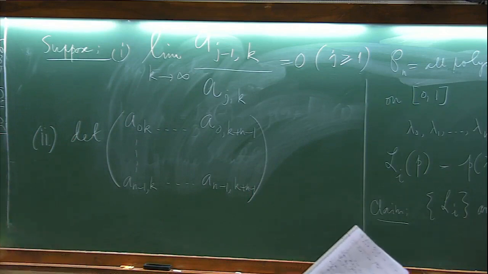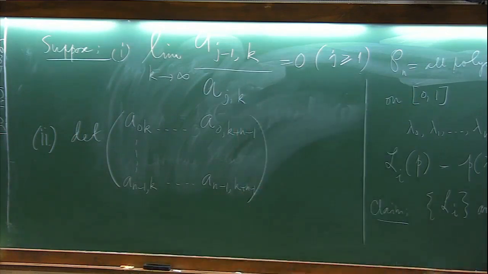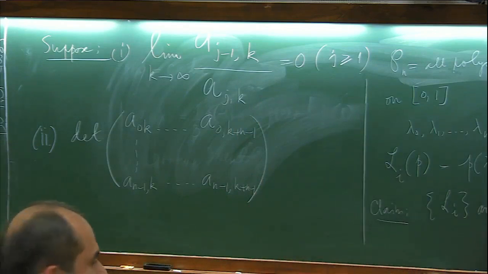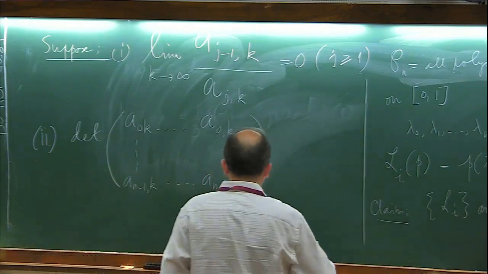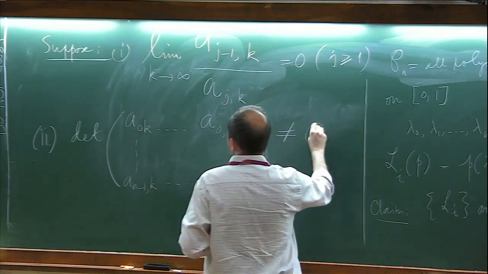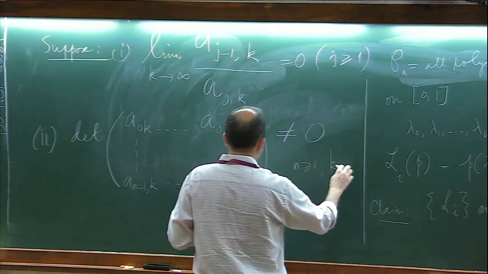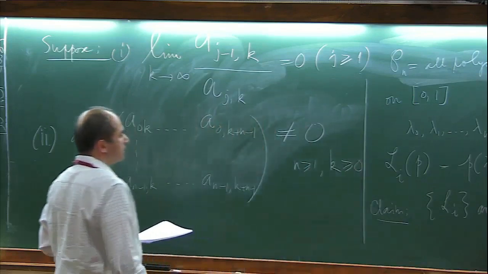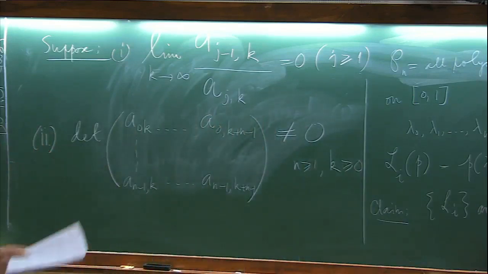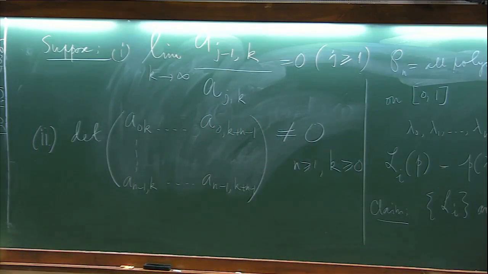Think of the corresponding infinite matrix, and you look at all possible minors of all possible sizes. This is not 0 for every n and every k greater than or equal to 0. So at every level, this is saying that the system of equations is non-singular.